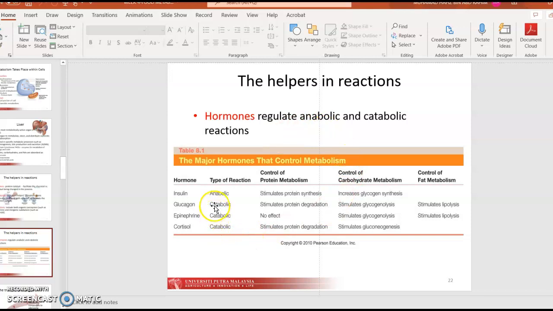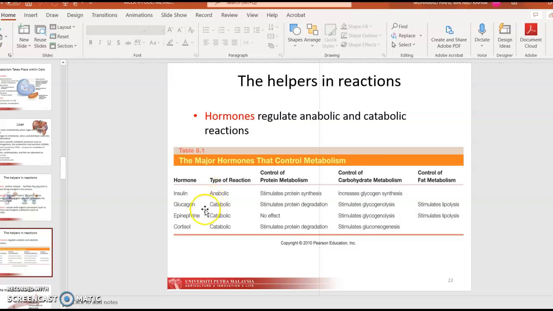The famous anabolic hormone that we learned in biochemistry is insulin, and the famous catabolic hormone is glucagon. After eating, insulin will act as the helper in stimulating the uptake of glucose into the cell, and then it will stimulate the formation of fat.